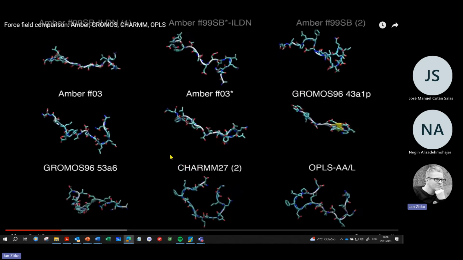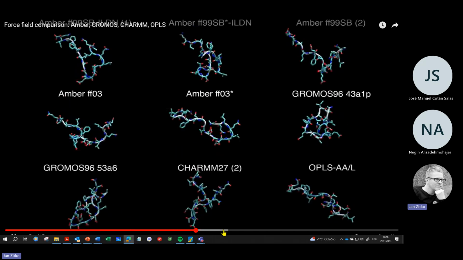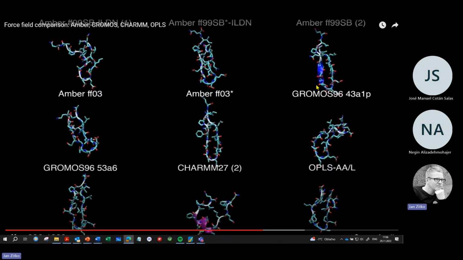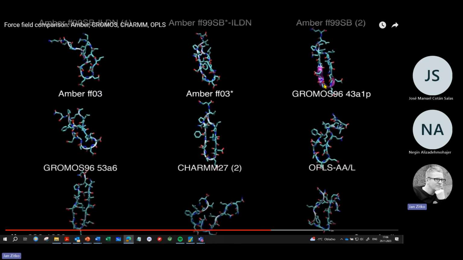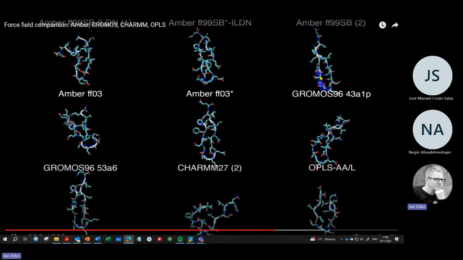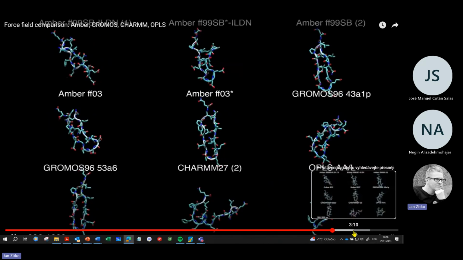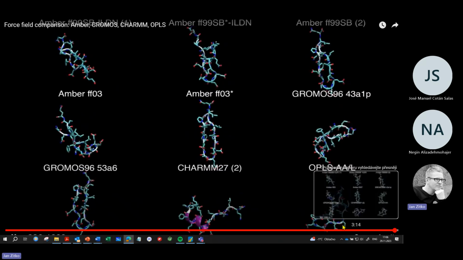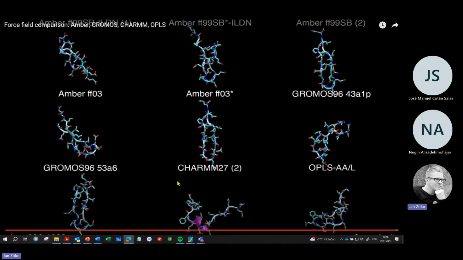So they kept simulating with different force fields, and I just want to show you the take-home message here. The organized secondary structures are highlighted. So here we have, for example, the beta sheet highlighted. I'll stop it right here. We have 9 different force fields and 9 different results.